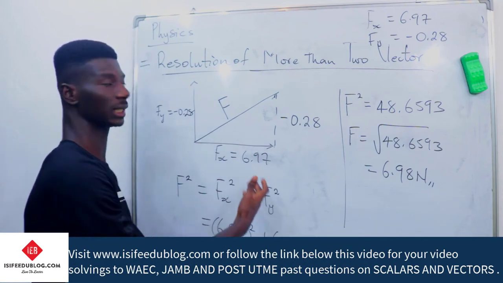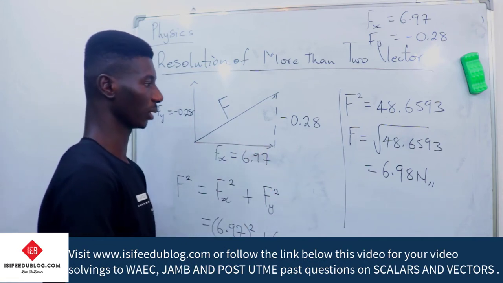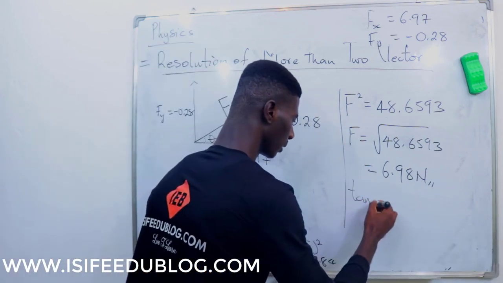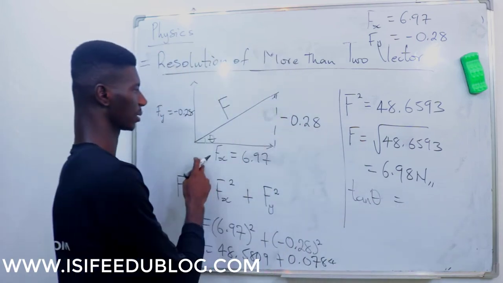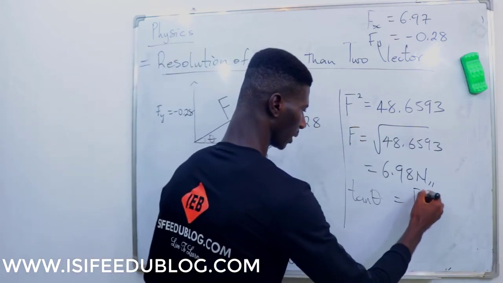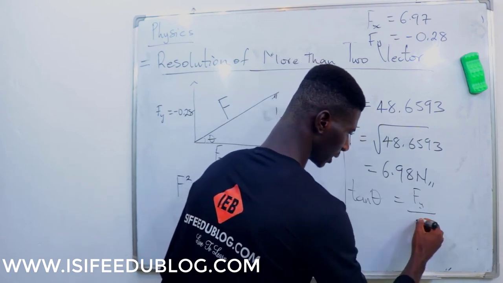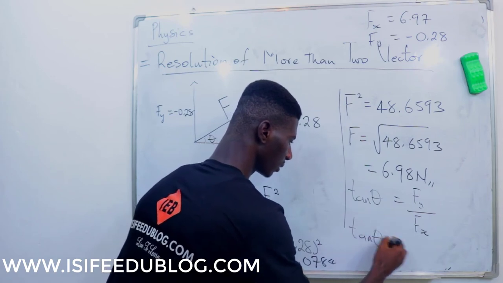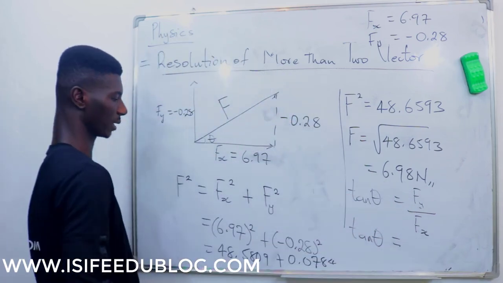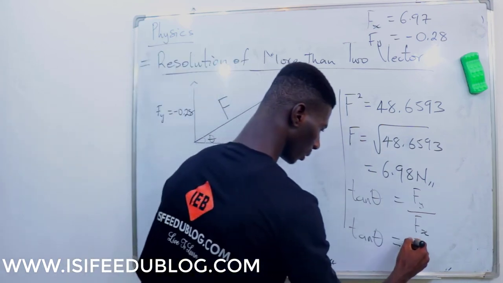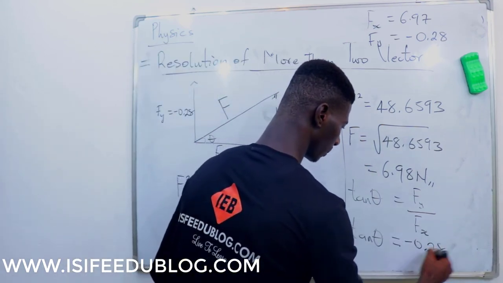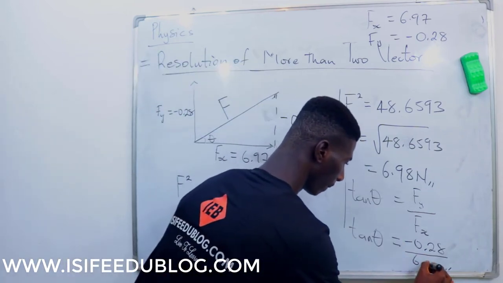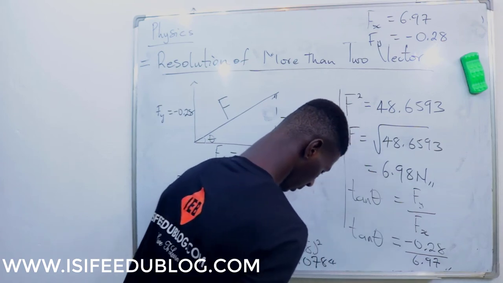Now, if you want to solve the direction, you can always use your tan. For the direction theta, we have tan theta is equal to opposite, which is Fy, over the adjacent, which is Fx. So tan theta is Fy, which we have calculated to be minus 0.28, divided by Fx, which is 6.97.